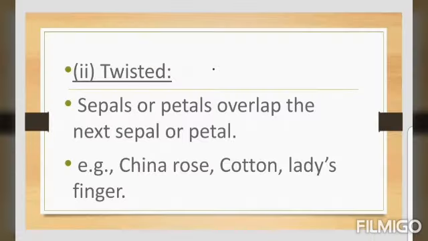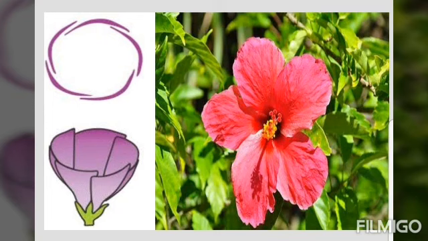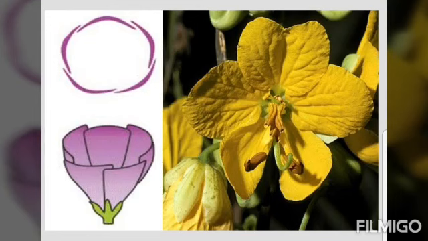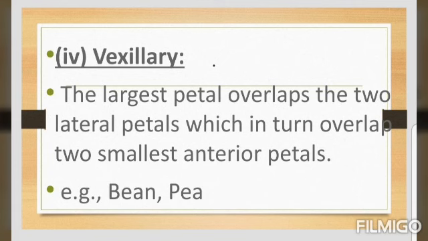If one margin of the appendage overlaps that of the next one, and so on, as in China rose, ladyfinger, and cotton, it is called twisted estivation. If the margins of sepals or petals overlap one another but not in any particular direction, as in case of cassia and gulmohar, the estivation is called imbricate.